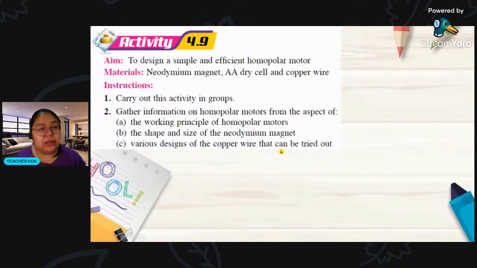So for this activity, you no need to write in PowerPoint. I just want you to do it as a video clip. If you want to convert PowerPoint to a video clip also can. But what you need to put in the video clip: first one, how you are going to design, you draw. Number two, you produce the material.